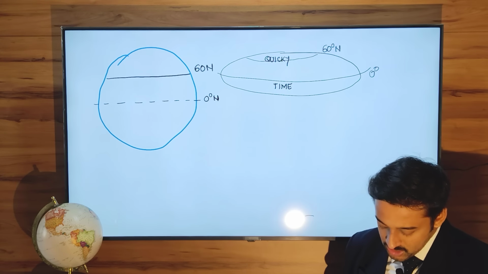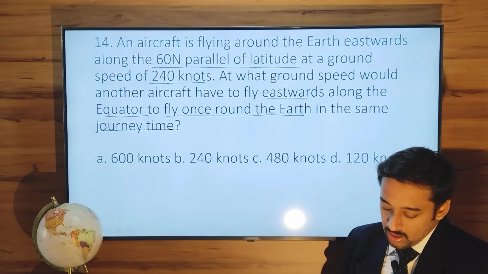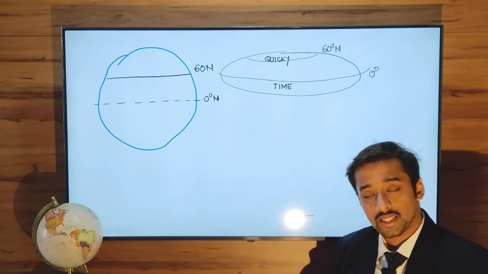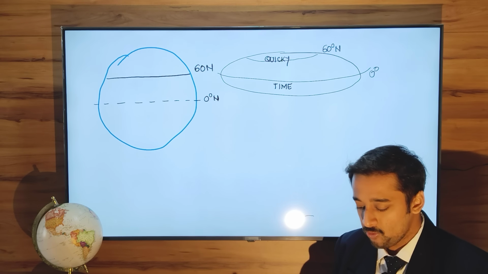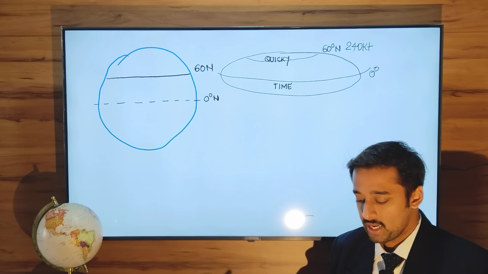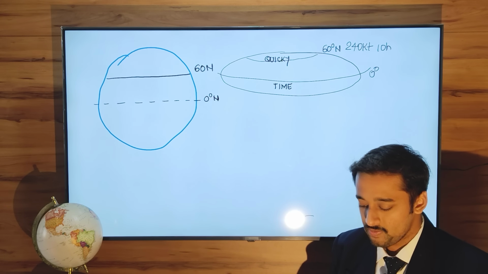Now the question states that you are traveling at 60 degrees north at a particular speed of 240 knots, and let's say you cover this total 360 degrees in 10 hours.